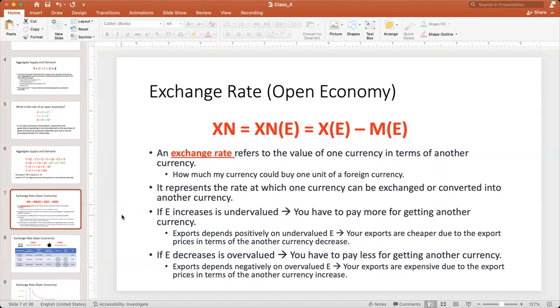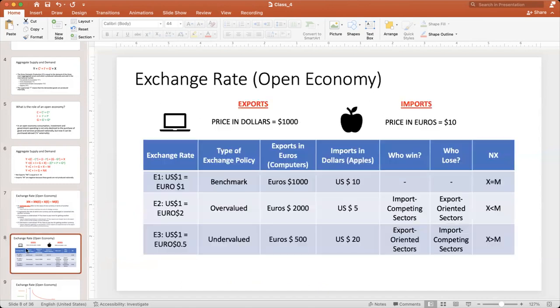In order to explain this, let's do the following example. Imagine that in our country, we produce computers and we export computers. So we export computers, and the price of computers is in dollars.